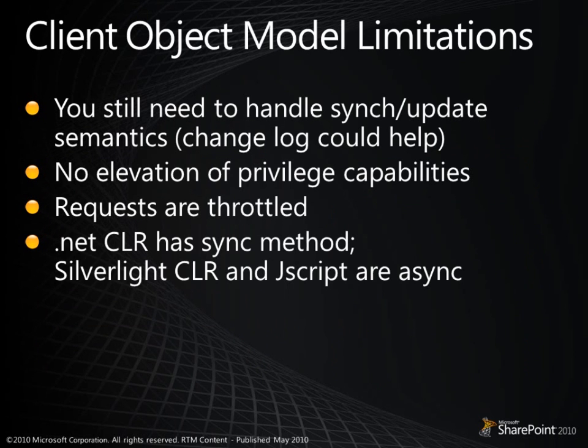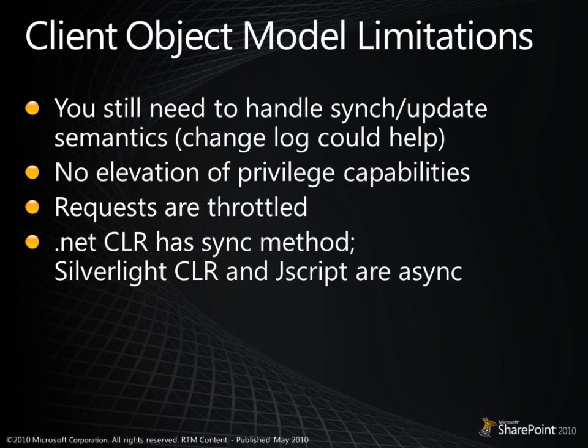Now that we've gone through the overview of the model, it's important to note that there are a few limitations of the client object model which we want to be aware of. First, you'll notice that we still need to handle the sync update semantics for possible changes.